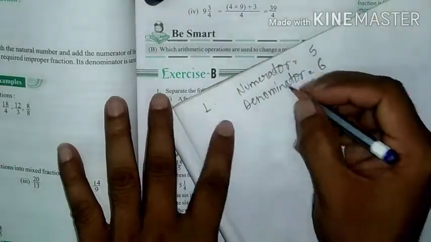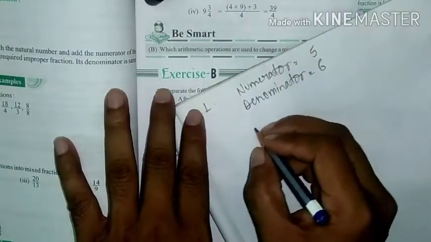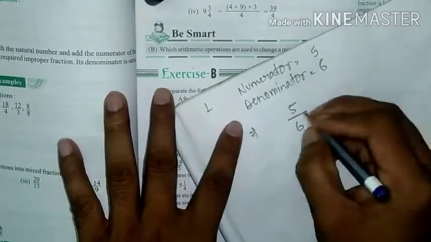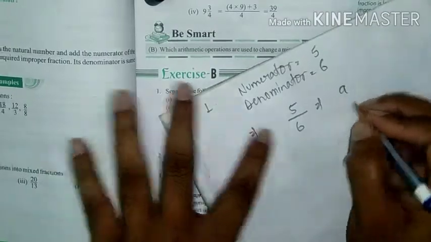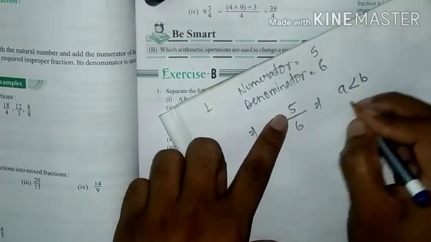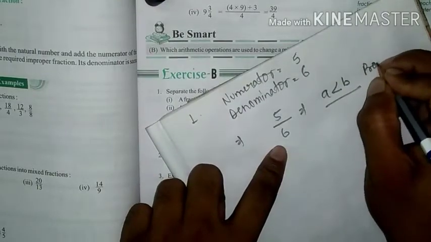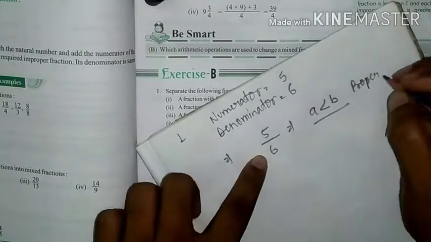So we write 5 by 6. Then we check the condition. Here a is less than b, so we can say that this fraction is known as a proper fraction.